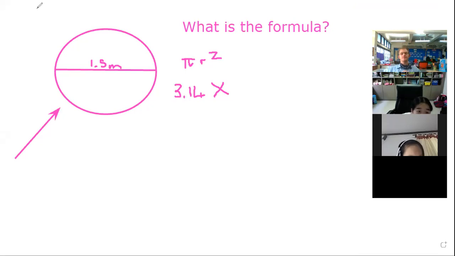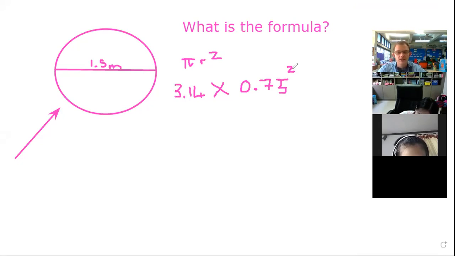What's the value of the radius? 0.75. 0.75, excellent. 0.75 squared. Remember to square it.